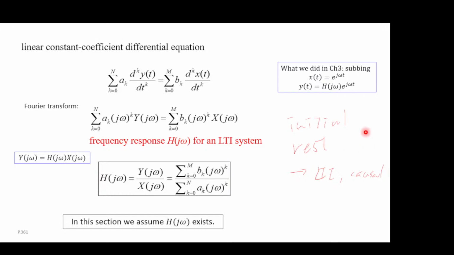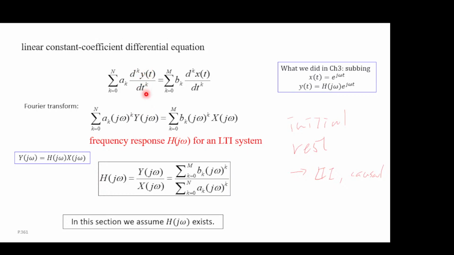And here we can get a similar thing, but from a different angle. Now that we know the Fourier transform, we just take the Fourier transform of both sides. The Fourier transform is linear, so you get the same linear combination.